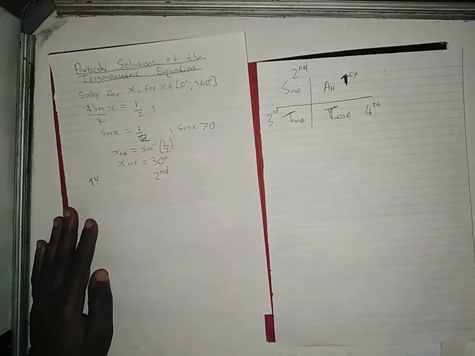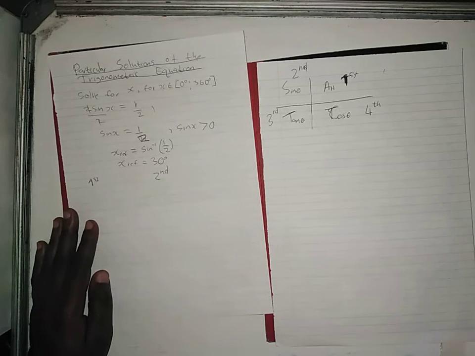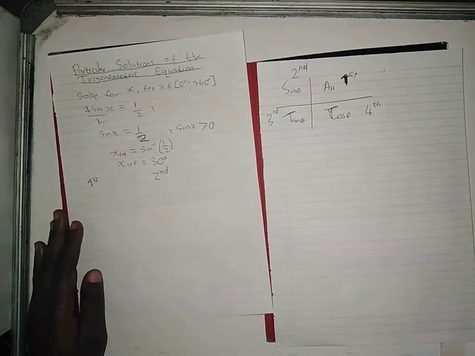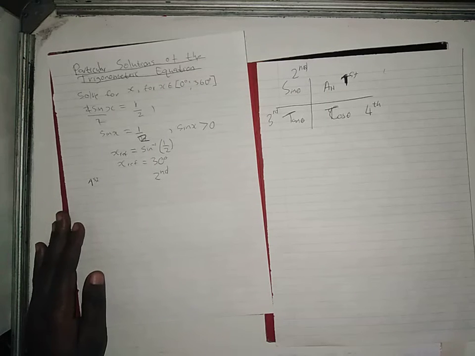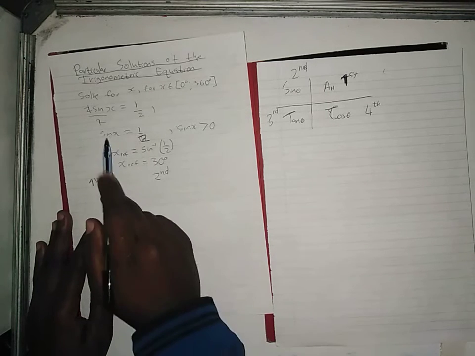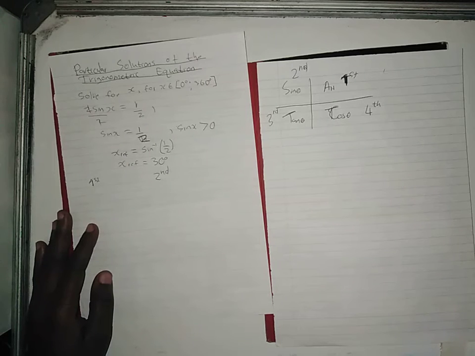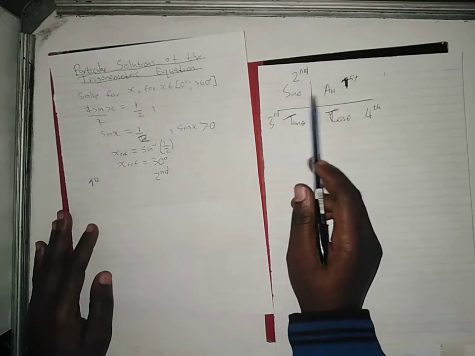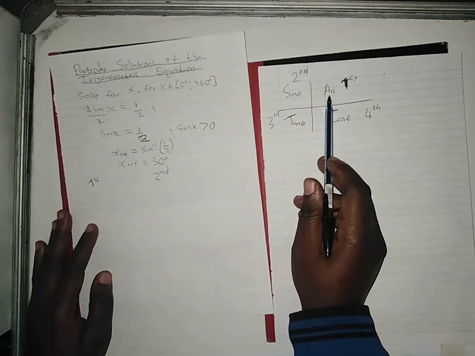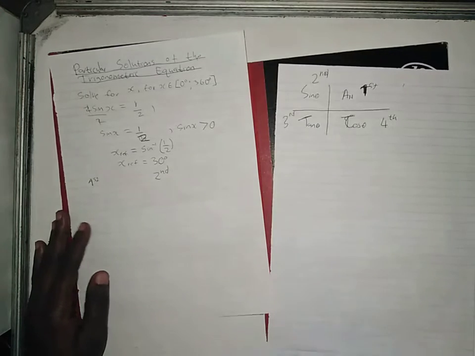So what does that mean? That means that your solutions are going to be in two quadrants, the first quadrant and the second quadrant, simply because what we are looking for is positive, and it is only positive in the first and second quadrants.